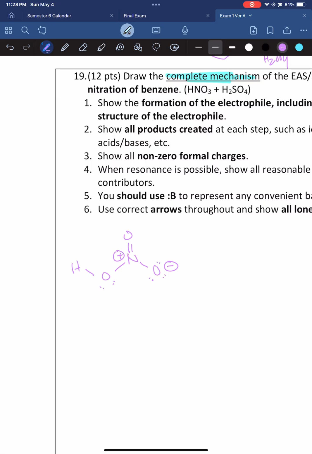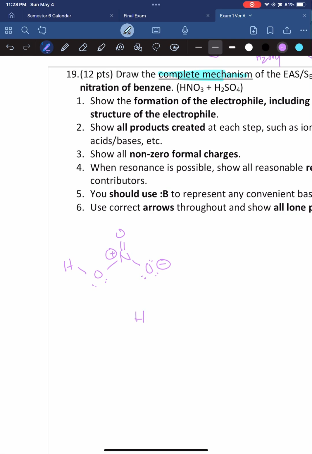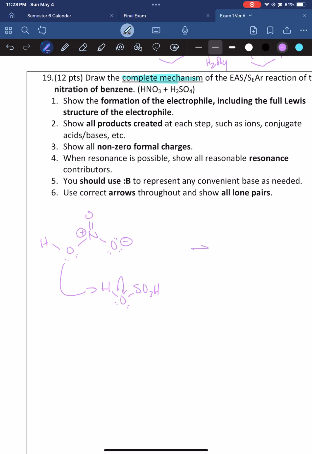And the H2SO4 is going to be our little acid catalyst. It's going to look like this. Basically what it's going to do is take this hydrogen from the H2SO4. This is going to collapse back down onto the oxygen. And this is going to form this ion here. We have HSO4.